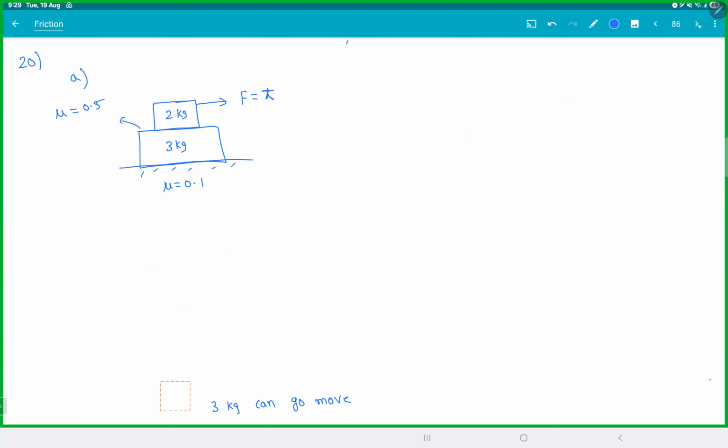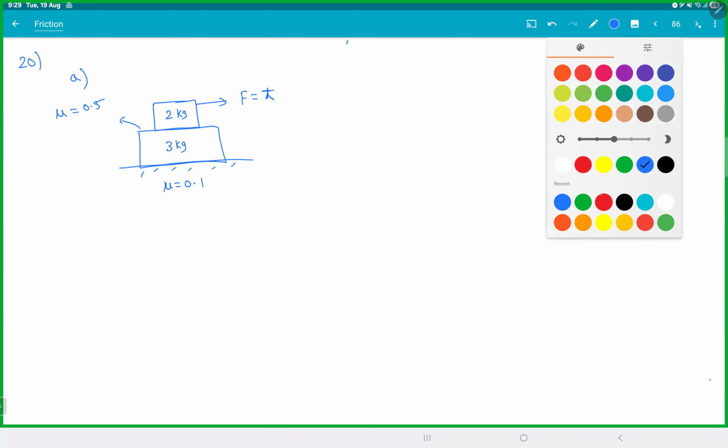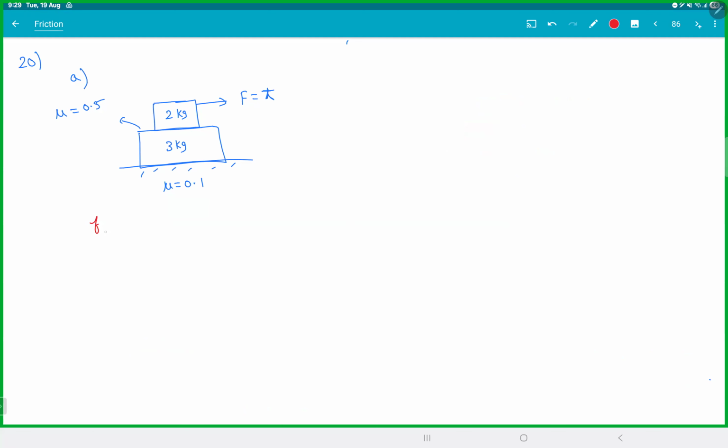Same story. Assume both the blocks go together. But before that, we need to break the friction on the ground. What is F max on the ground? F ground maximum is 0.1 into 50, 5 newtons. Means for t less than 5 seconds, no one moves. It's the same thing we did before.